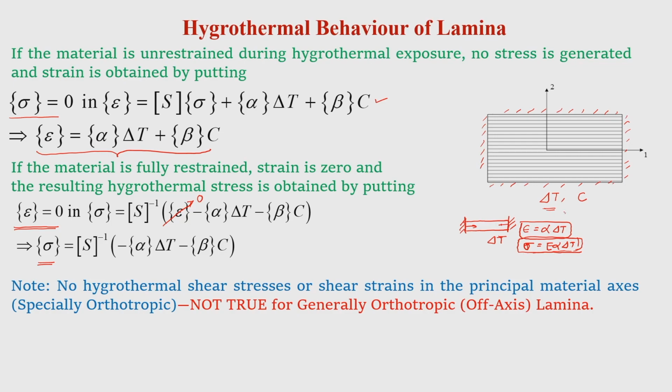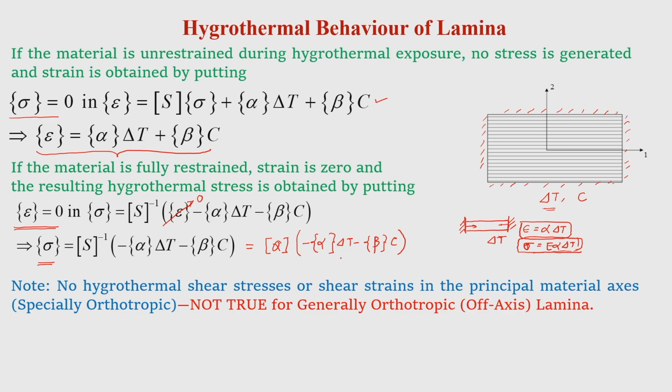So, similarly, if the lamina is actually restrained, all the strains in all the directions are 0. So, that leads to this stress. We can write this S inverse as Q. So, the stress is equal to Q into alpha delta T plus beta c. So, you can clearly see that if delta T is positive, then the stress is negative.